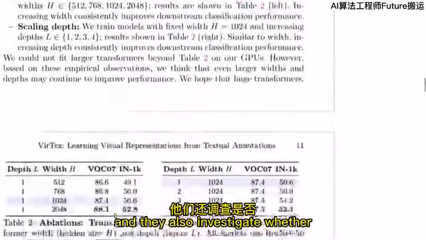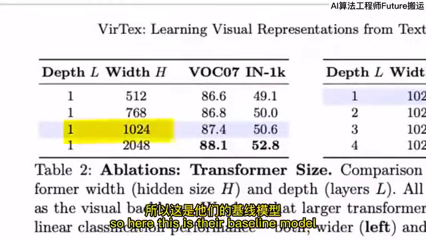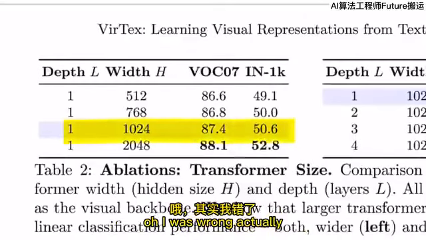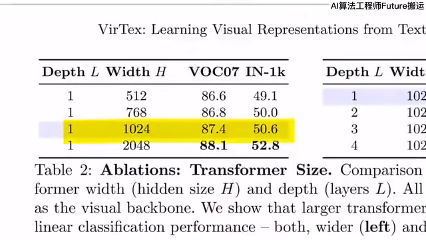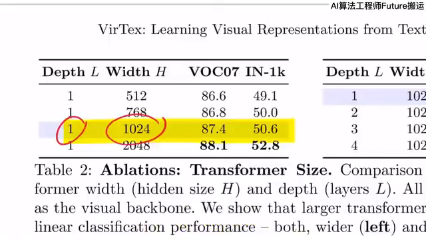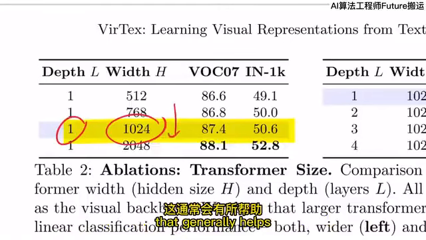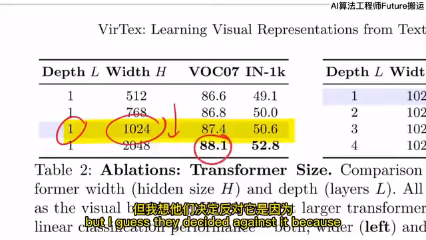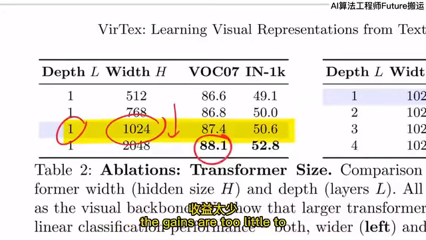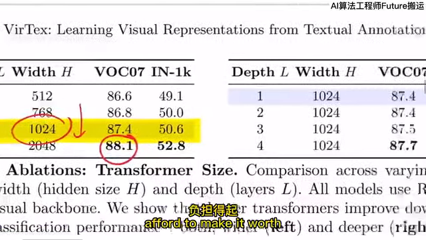And they also investigate how big their models should be. So here, this is their baseline model. Oh, I was wrong actually. It's one layer of width 1024. You can see as you make the layer bigger and bigger, that generally helps, but I guess they decided against it because the gains are too little to make it worth it.